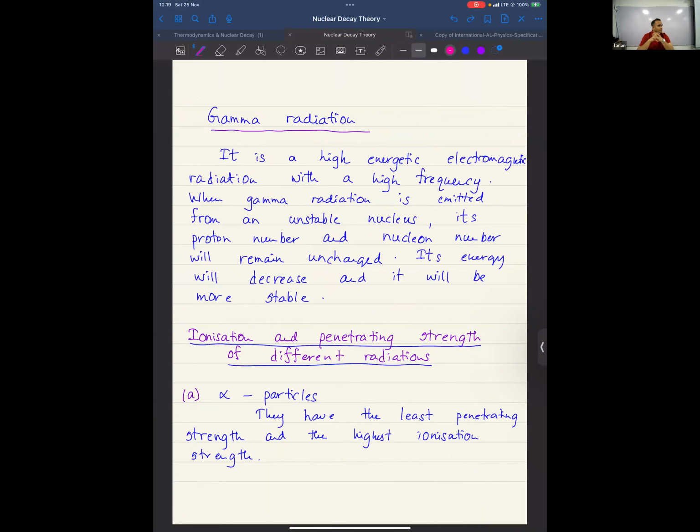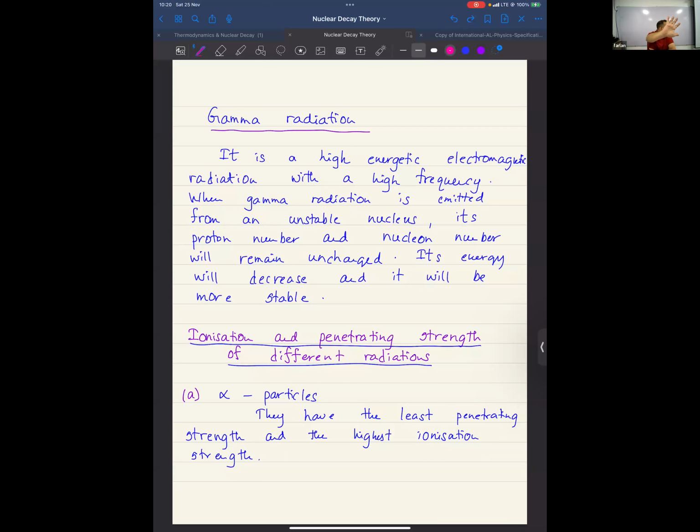So if you take alpha particles, they have the highest ionization strength and the lowest penetrating ability. If you fire a beam of alpha particles through air, it can only move a few centimeters in the air.